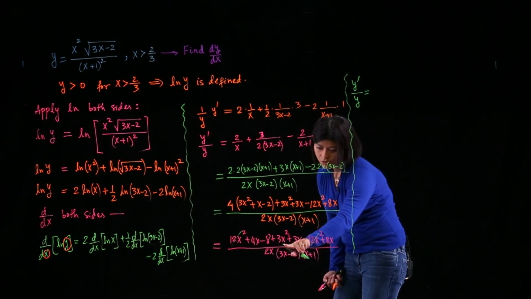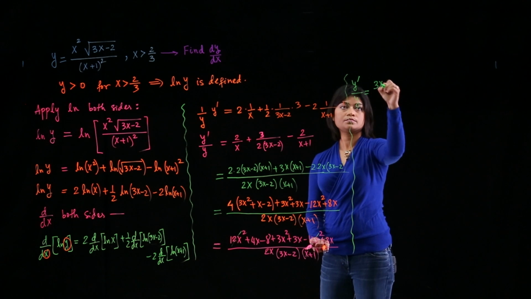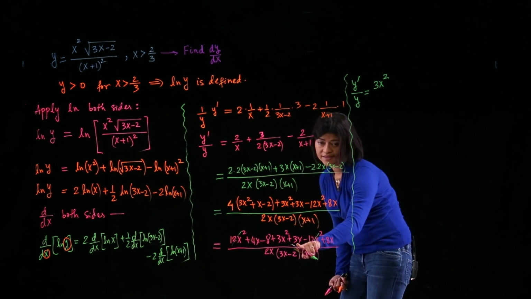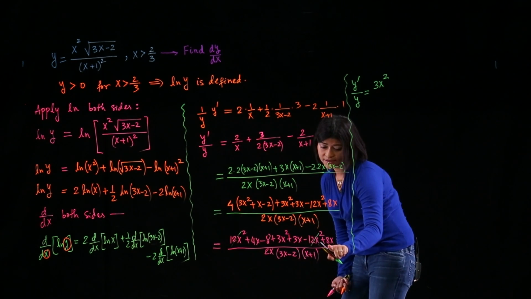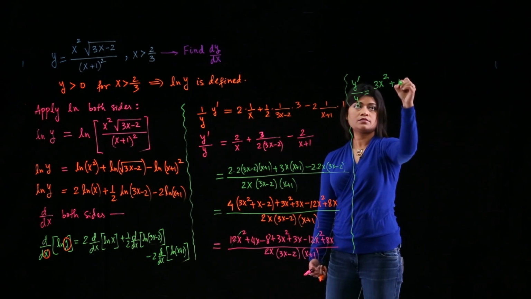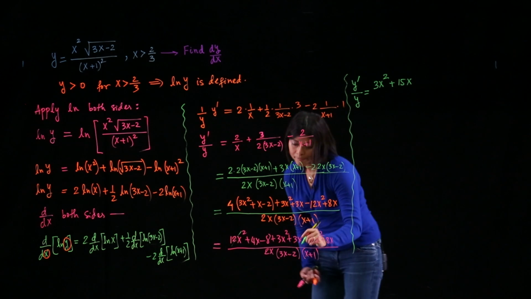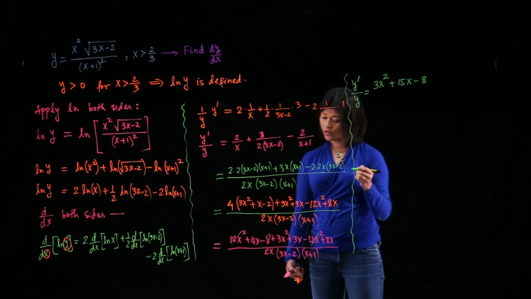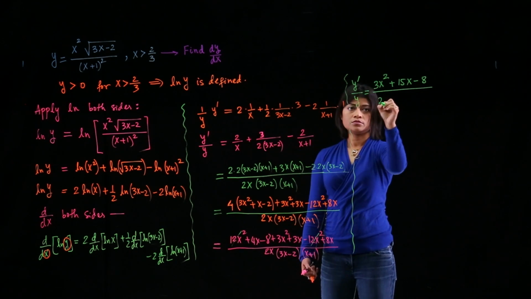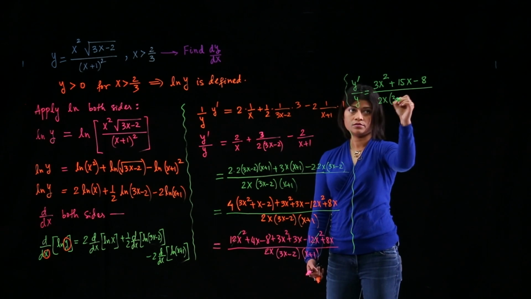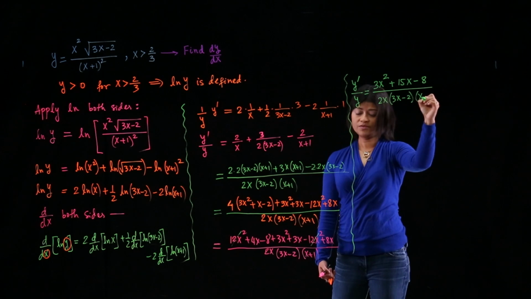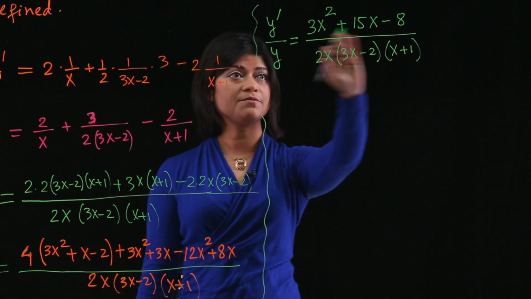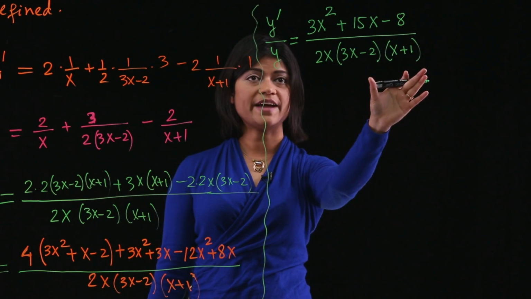So we have 3x squared, then we have 4x plus 3x, that's 7x, plus 8x, so that's 15x, and we have a constant negative 8, and denominator 2x times 3x minus 2 times x plus 1. Okay, so notice we have simplified the numerator completely. We have these factors in the denominator.